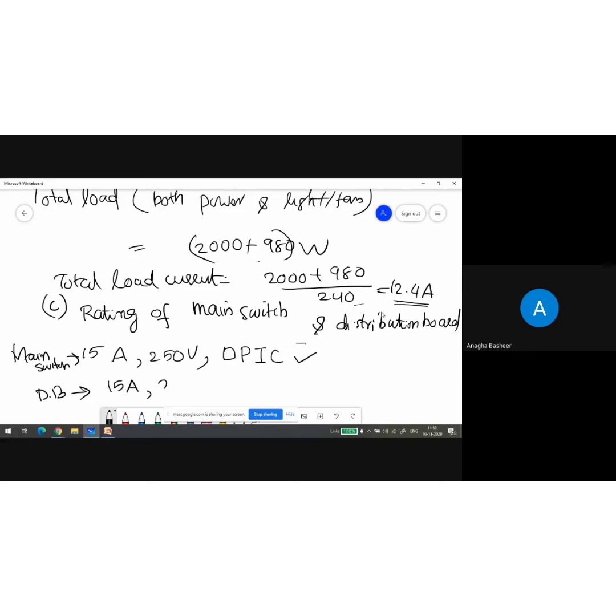Next is distribution box. 15 ampere, 250 volt, 4-way iron clad distribution fuse board can be used.